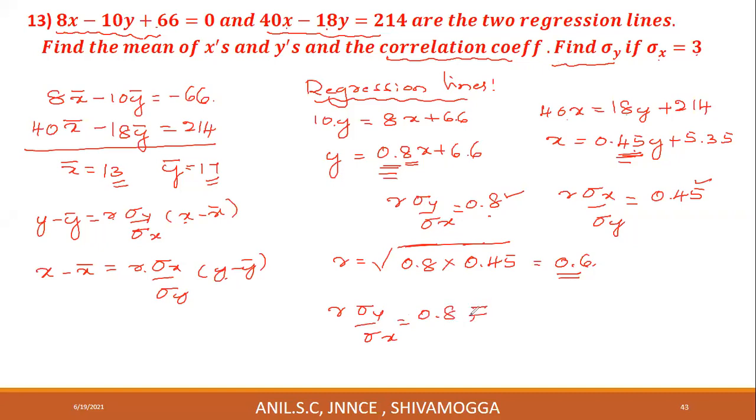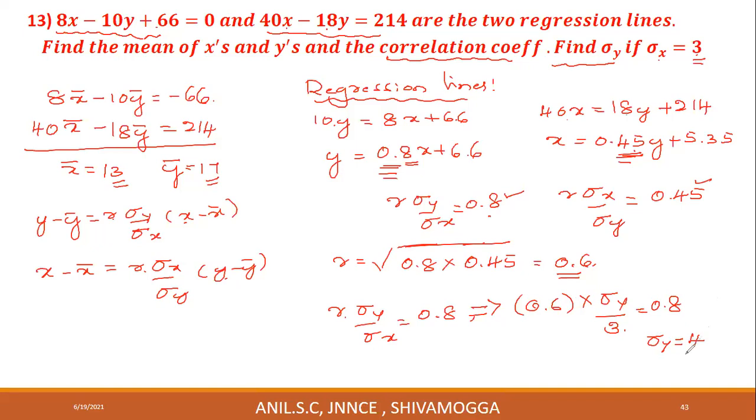This implies 0.6 into sigma y, which is to be calculated, divided by sigma x, and it is given that sigma x is equal to 3, is equal to 0.8. Simplify: 0.8 into 3 is 2.4, divided by 0.6 is 4. Sigma y is equal to 4.